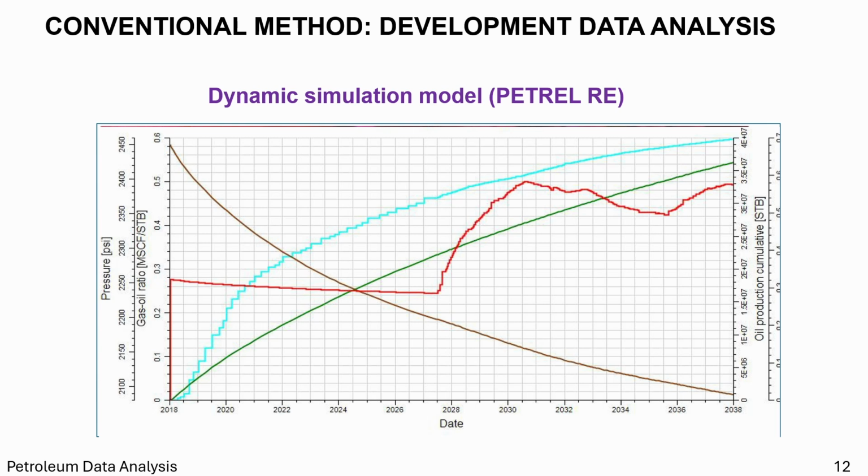This transition is very important in engineering. Once we have a simulation model, we can test natural depletion, water injection, gas injection, and various well controls. So petroleum data analysis at this stage becomes predictive, not just descriptive.